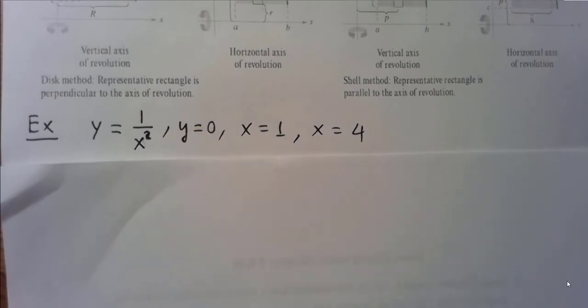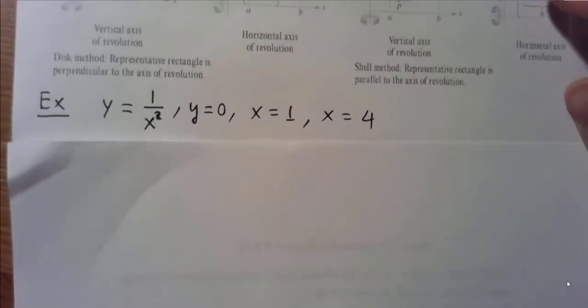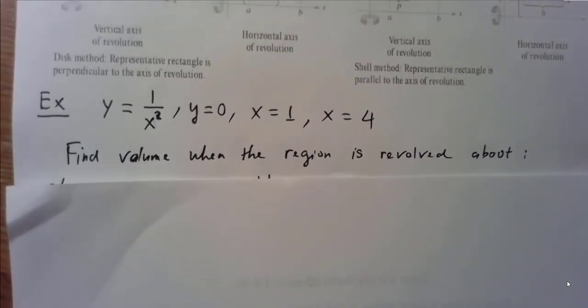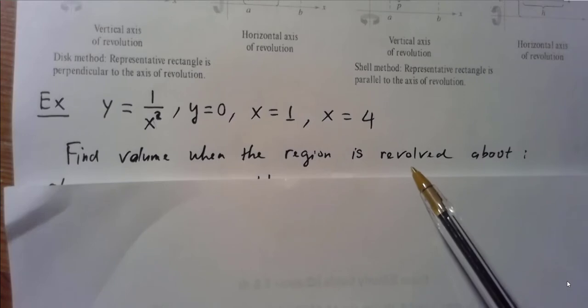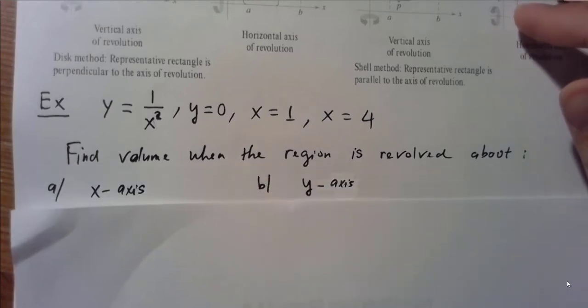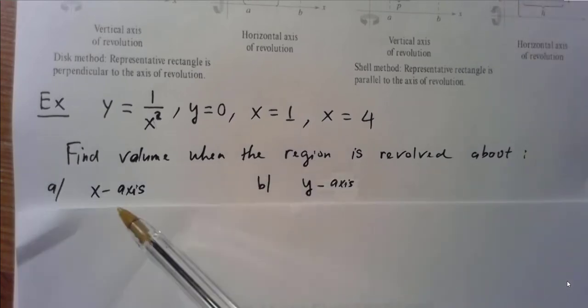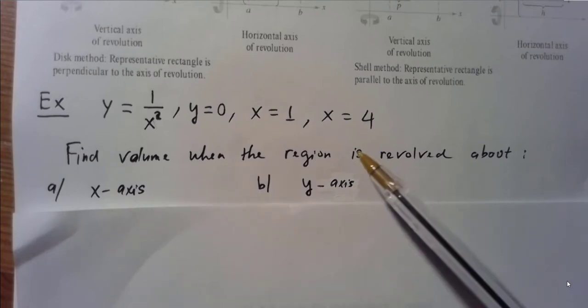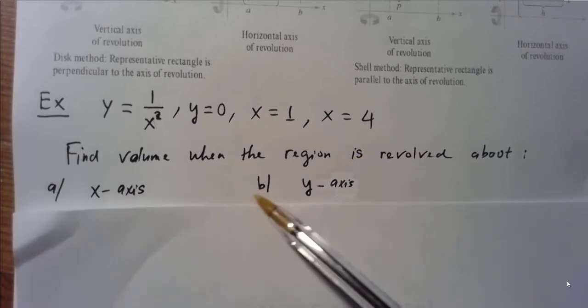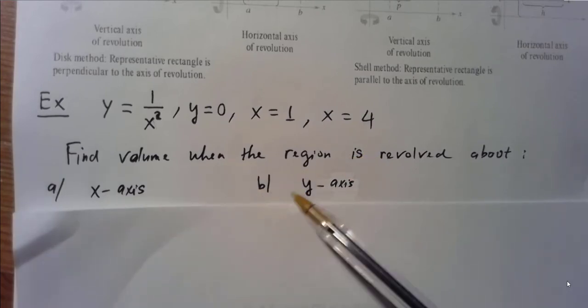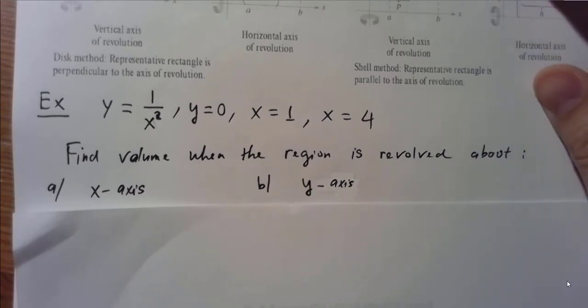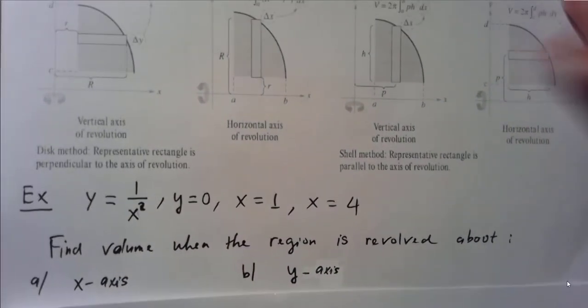This should form a plane region. And then they ask you to find the volume when the region is revolved about two cases. A is when we are revolving about the x-axis, and B is when we are revolving around the y-axis.